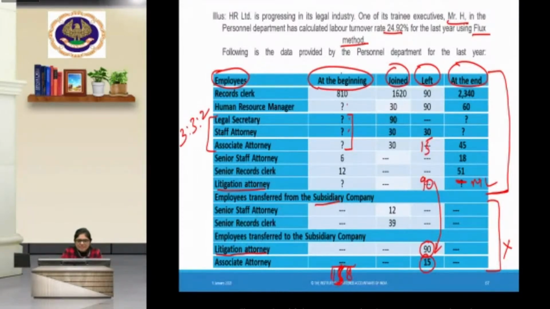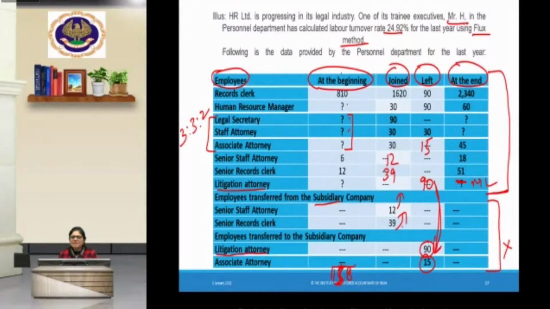Now senior staff attorney joined. Employees transferred from the subsidiary company must have joined the main company. So this has left and this has joined. For senior staff, this 12 will come here. Senior staff has joined from the subsidiary and senior records clerk has also joined from the subsidiary.